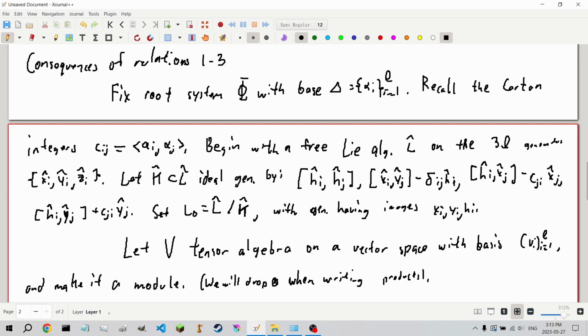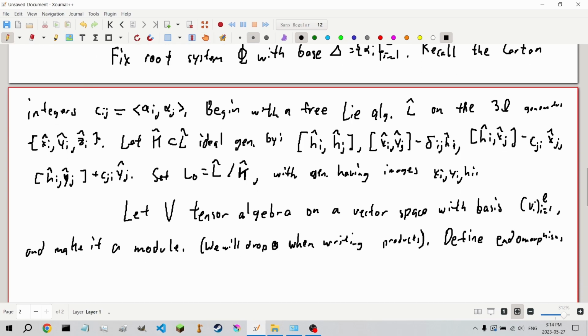We know we have our basis of V as the set of the products of vectors. Now we're going to define endomorphisms of V as follows.